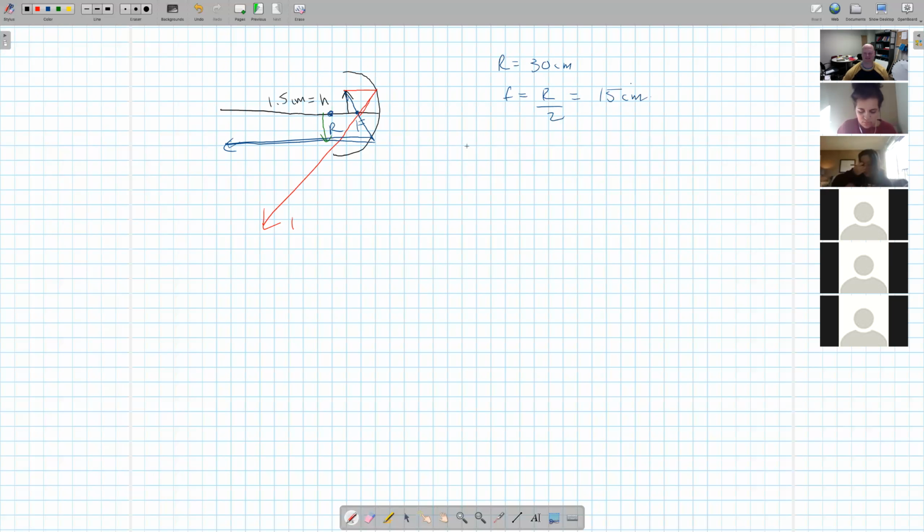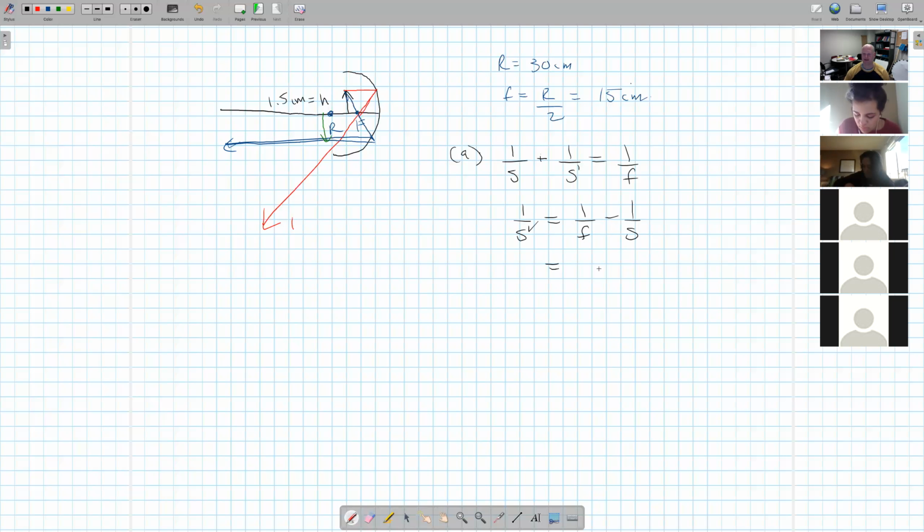So let's look at part A first. It says find the position of the image. We're going to use our mirror equation, which says 1 over the object distance plus 1 over the image distance is equal to 1 over the focal length. What I want is the image distance, so I'm going to subtract this term over here. I get 1 over my image distance equals 1 over my focal length minus 1 over my object distance.